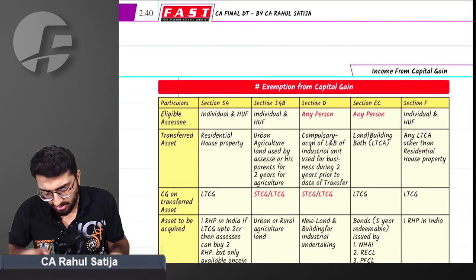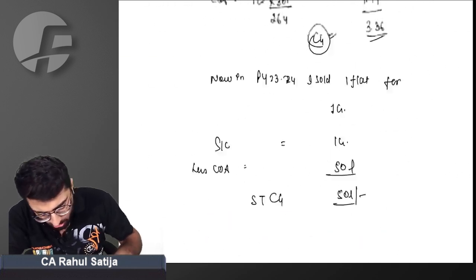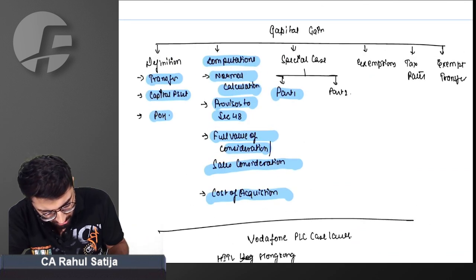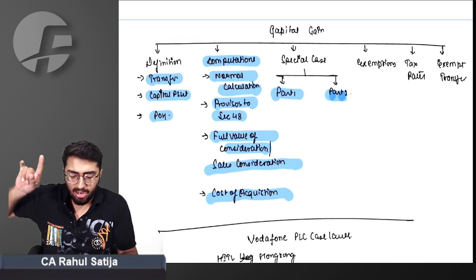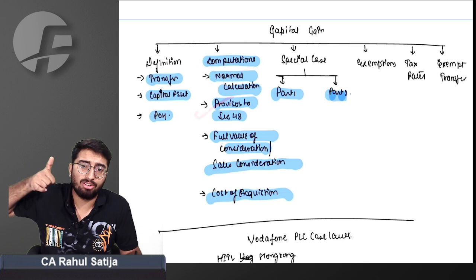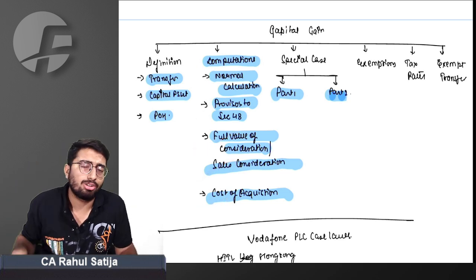Where we are right now, I just want all of you to focus on the chart that we had drawn yesterday. Till now, we are done with the definition portion, the computation portion, the provisos to section 48, full value of consideration, and cost of acquisition also.